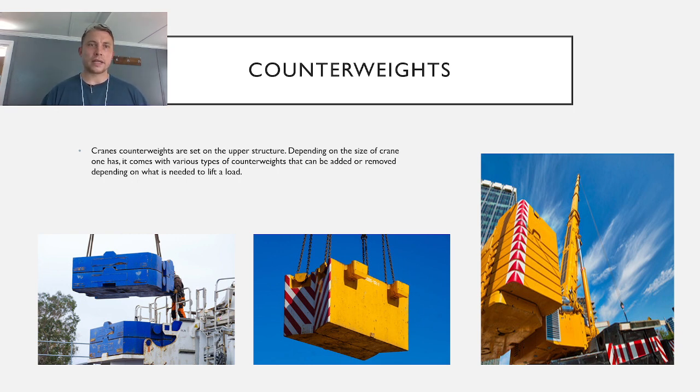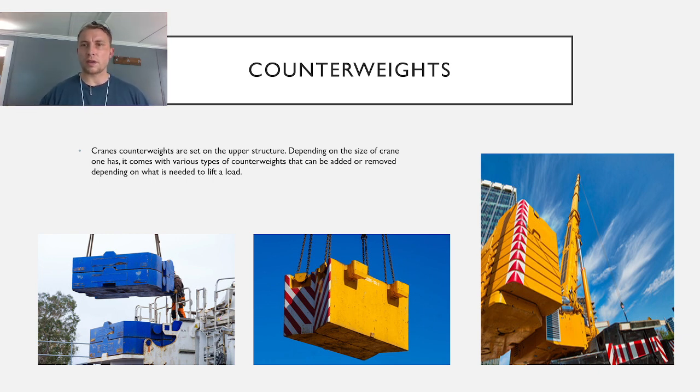The counterweights themselves are added and removed as needed. Some of the smaller cranes, 30 ton, 40 ton, even maybe up to a 60 ton, don't come with any additional counterweights, so they're not removed or taken off. It rides as it is, and that's how it comes. If you get up into 165 ton and up, maybe 115 ton and up, they're going to start adding more counterweights to the back, and these come in different increments.